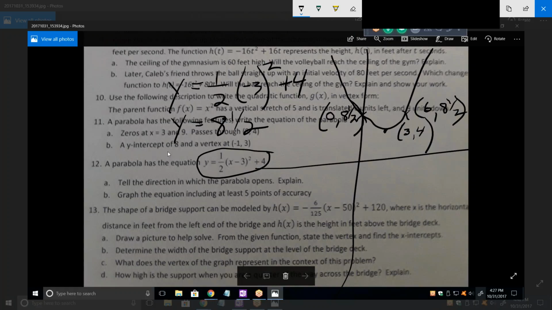Okay. See why 4 is such a perfect number to use? Yeah. Because it makes that 1 squared. So when x is 4, what is y?